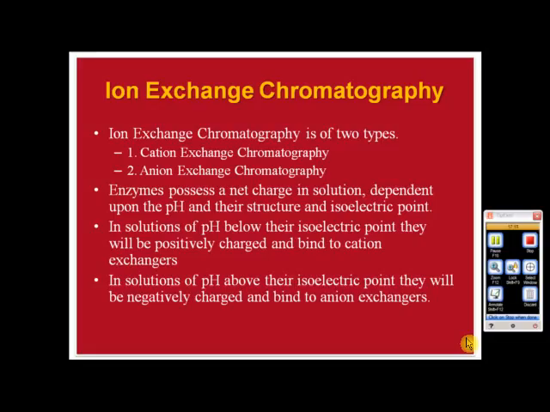Because of this 1 millimolar strength, we could elute only this protein, and it is the least bound when compared with these two. So if you want to elute these two, what do we have to do?